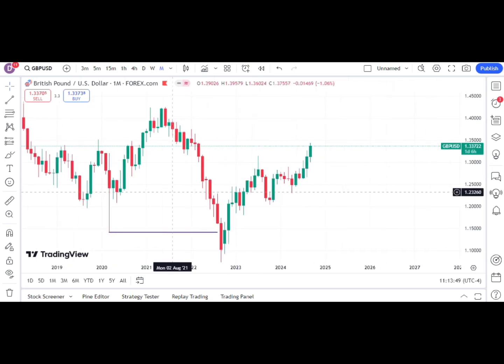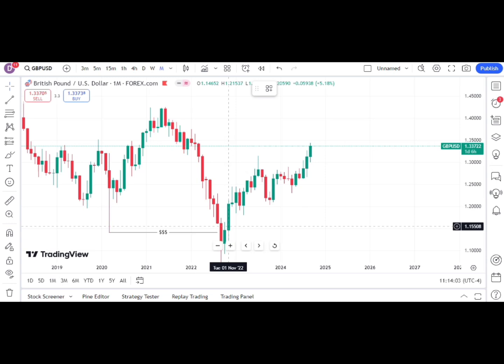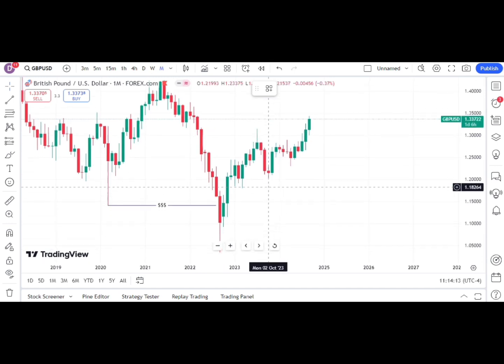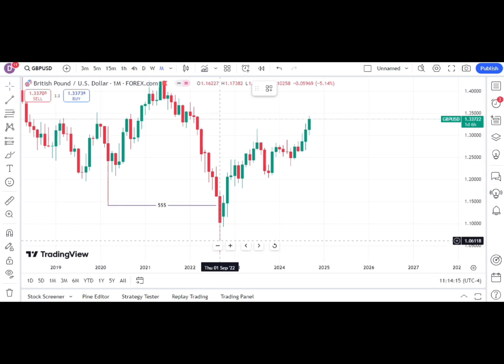We had price dropping for months from the year 2021. From June, we had price dropping each month. This is a down close candle, a down close candle, a down close, and here we took out all those buyers, everyone that bought here. We had all of them liquidated here. Price came through and gave us this down close candle.